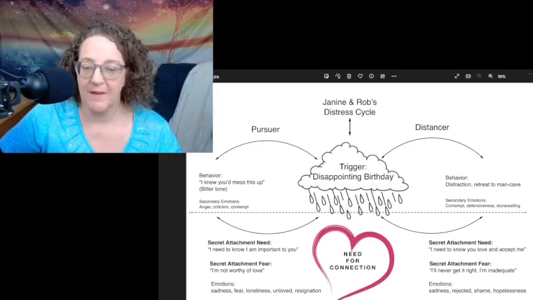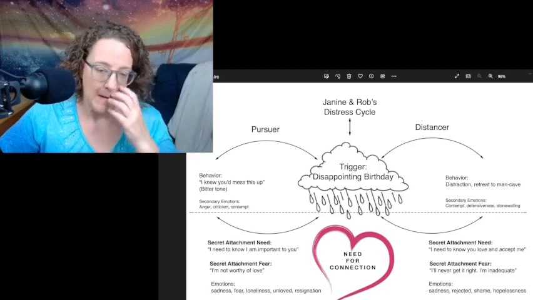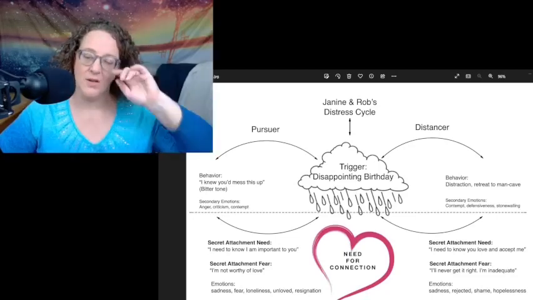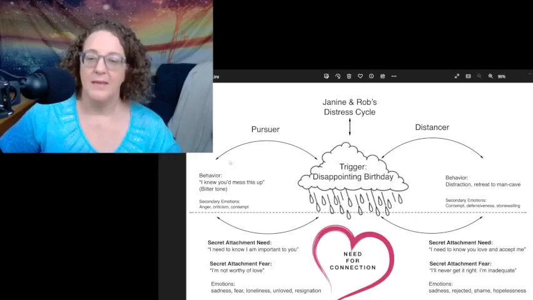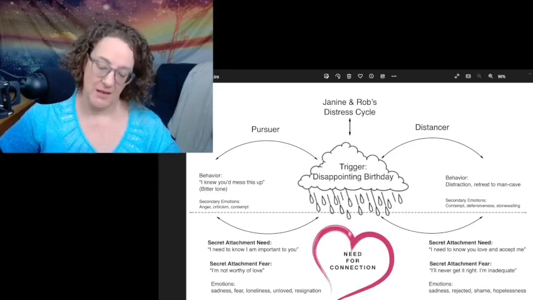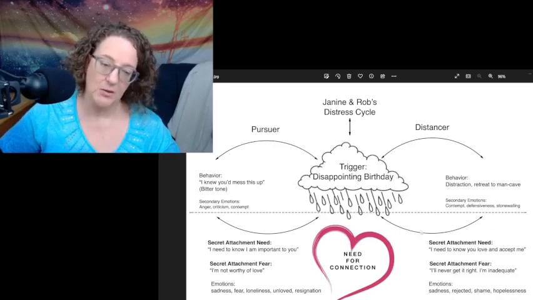And the behavior that they displayed was using a bitter tone and then saying, I knew you would mess this up. Okay? So if we follow that, that's over on this left side. I knew you would mess this up, with feelings of anger, criticism, and contempt. That arrow you follow over through the infinity, and then it goes down below to the lower right-hand corner.